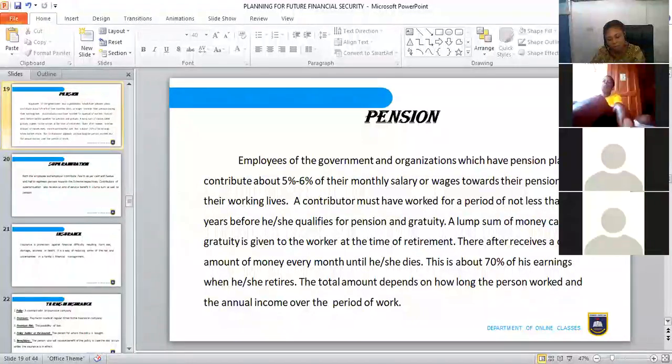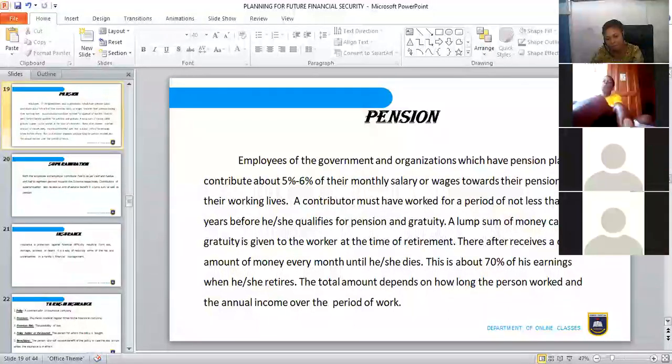So the total amount you will receive, even as a lump sum or on monthly basis, will depend on the number of years you worked and then your gross, the amount you were receiving as a worker. So everybody will not receive the same amount of money when he or she goes on retirement. It depends on the number of years you worked and then the amount of money that you were receiving as salary whilst you were working.